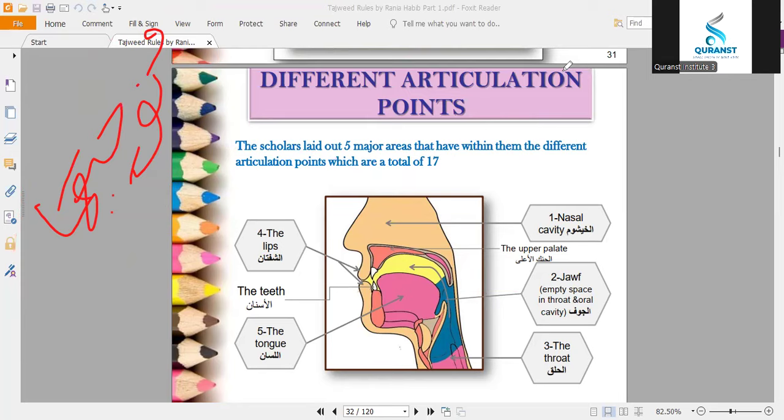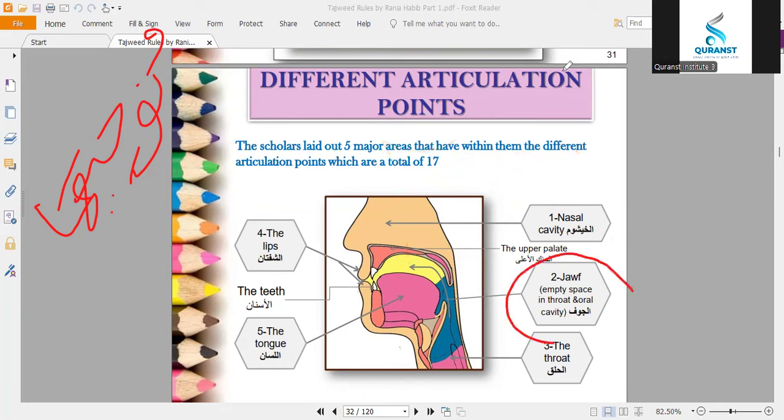As a reminder, we studied two articulation points today. The first one is al-khayshum, the nasal cavity, and the sound we make from al-khayshum we call al-ghunna, with noon and mim.